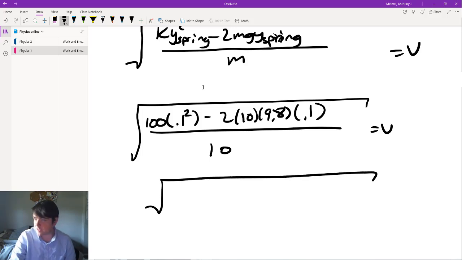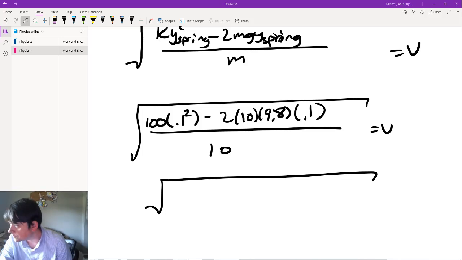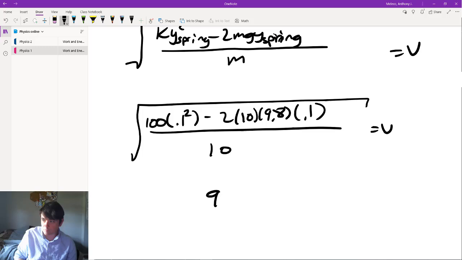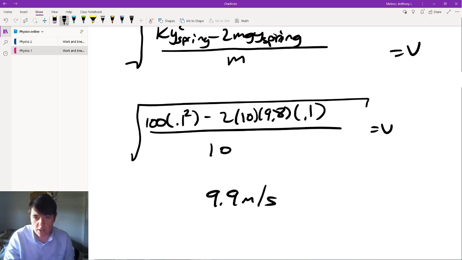And if you plug in all those numbers, you do the math on that, you get that v is equal to 9.9. And yeah, that's the velocity.